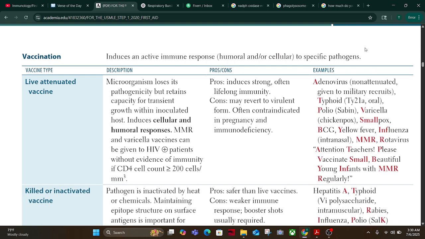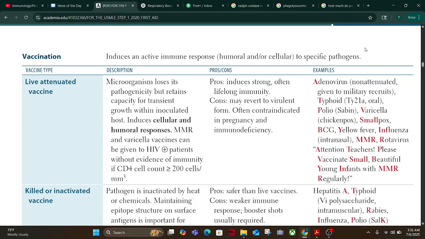Now, influenza is a live attenuated intranasal spray given to healthy, non-pregnant patients ages 2 to 49 years of age.